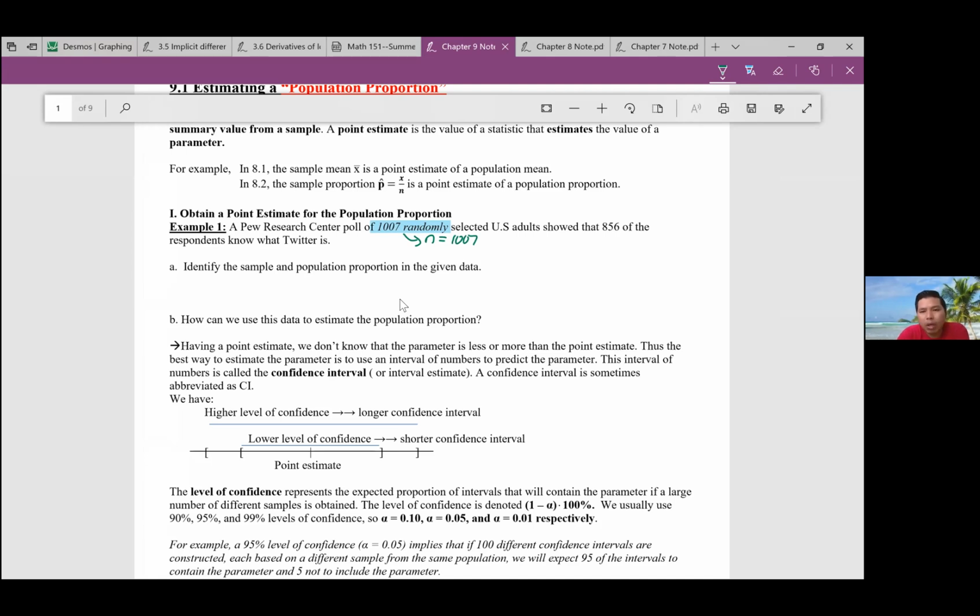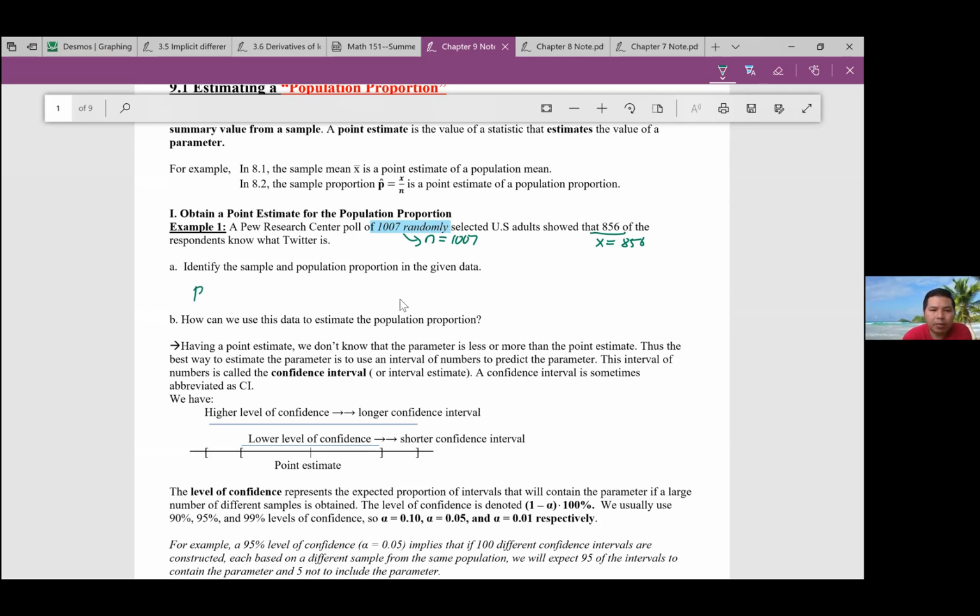They show that 856 out of 1,007 know what Twitter is, so that's the probability of success that we have. This one here is x, so x equals 856. Therefore, we can find the sample proportion and then use that to find the population proportion.